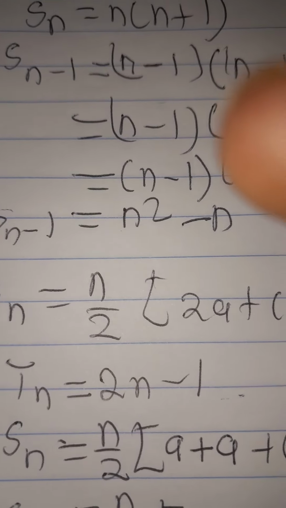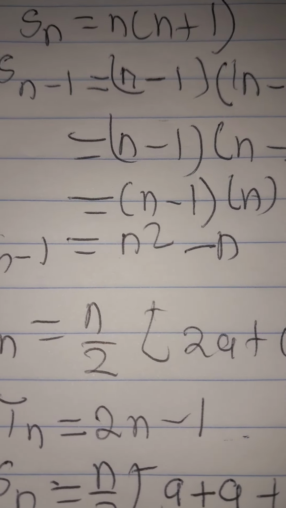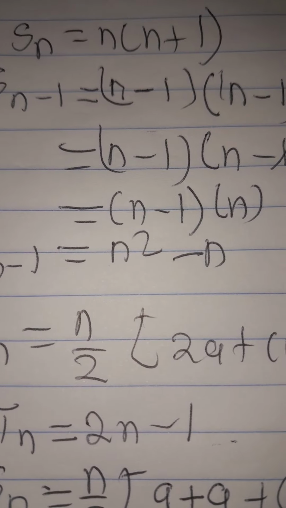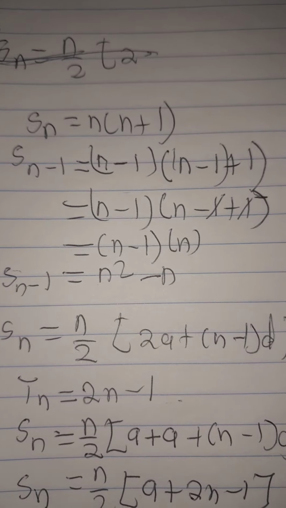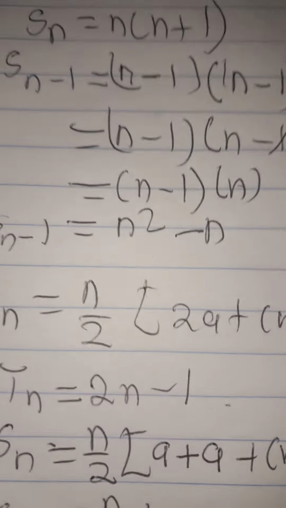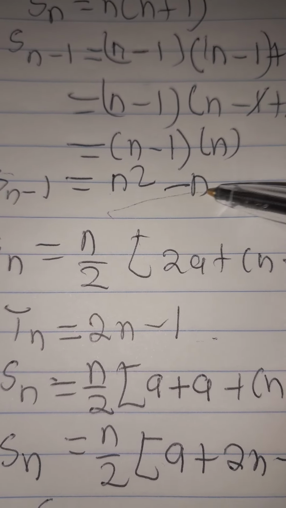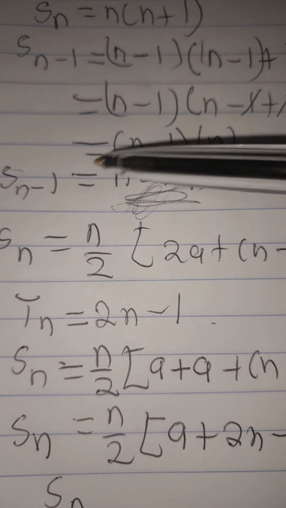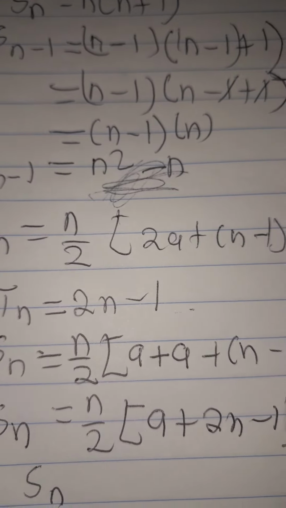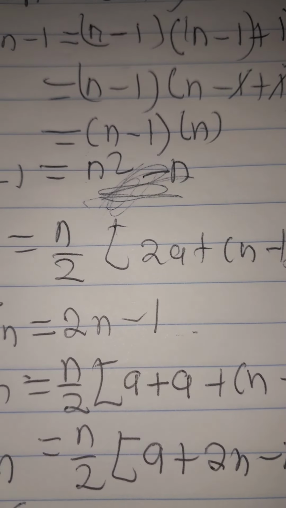Then that's how you can work out 1.3.9. It was quite tedious, but hope you find this video useful. You can continue further by equating. The best way will be equating, because if we put n minus 1 again here, we have already written it algebraically.